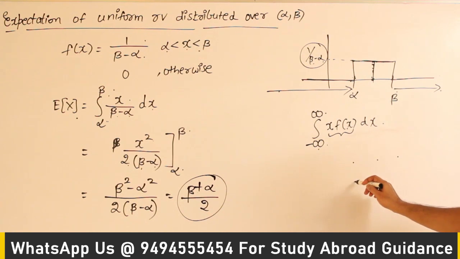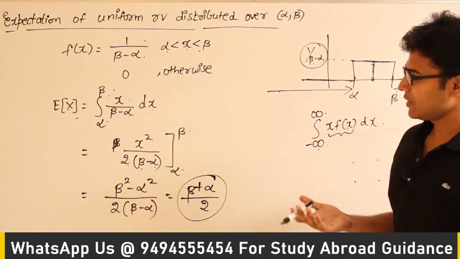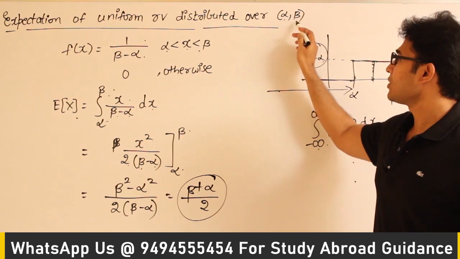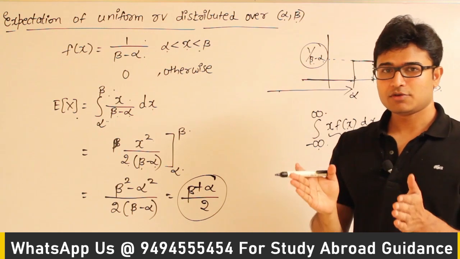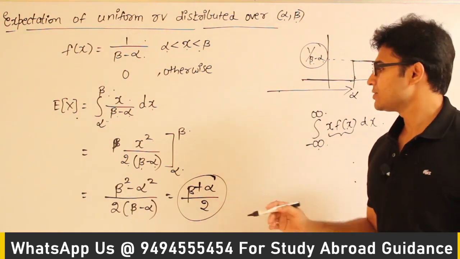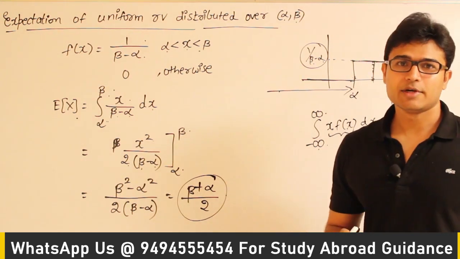If it is distributed between 1 and 3, the midpoint is 2. That is the expectation. So to know the expectation, you are supposed to know the parameters alpha and beta, the interval in which it is uniformly distributed. Once you find that interval, the expectation is the midpoint.